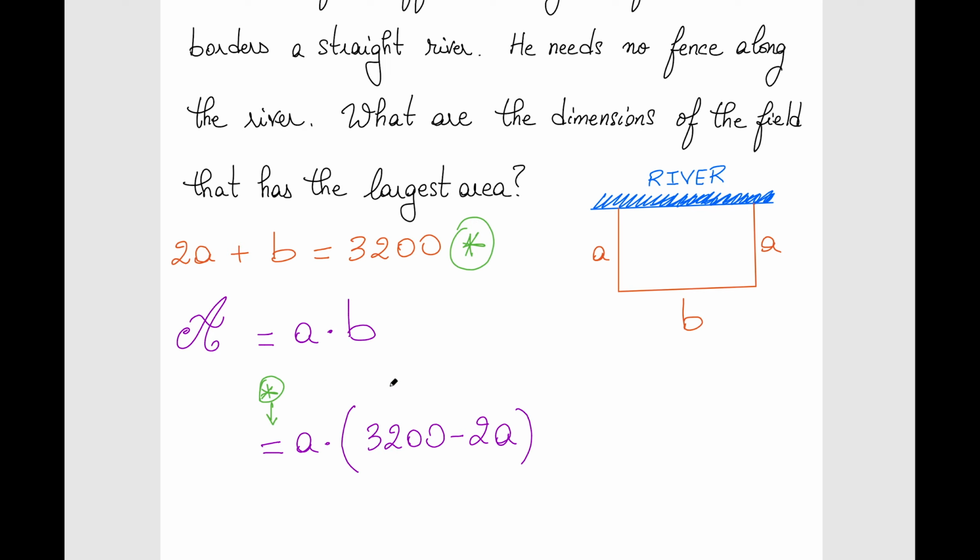Make sense? Because B is 3200 minus 2A if you solve for B in the asterisk equation. So you get this. So now calligraphic A can be seen as a function in one variable, and that variable is little a. Correct? So we get calligraphic A as a function of little a, right?